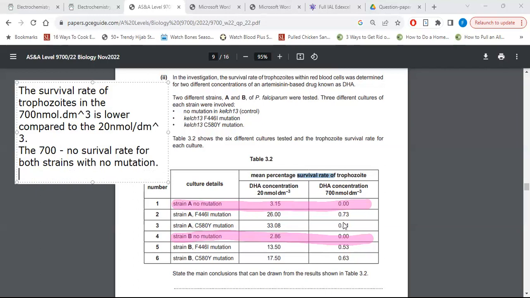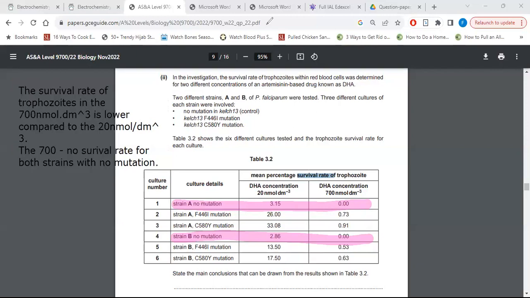Again, you will see that strain A has a higher survival rate compared to strain B. This is the value for strain A for both 20 and 700, and this is my strain B.